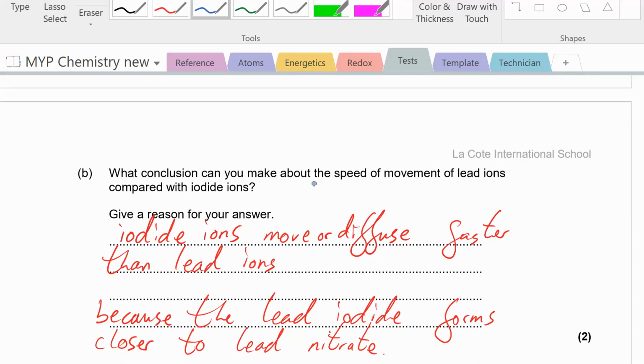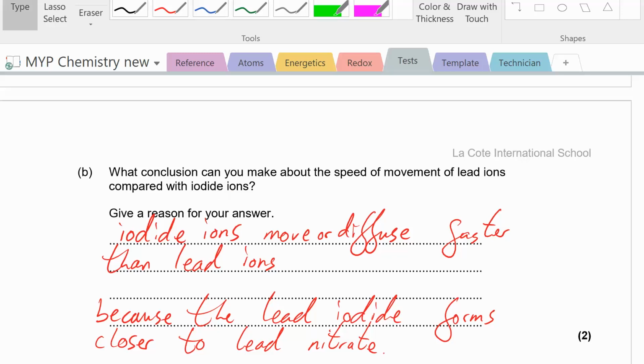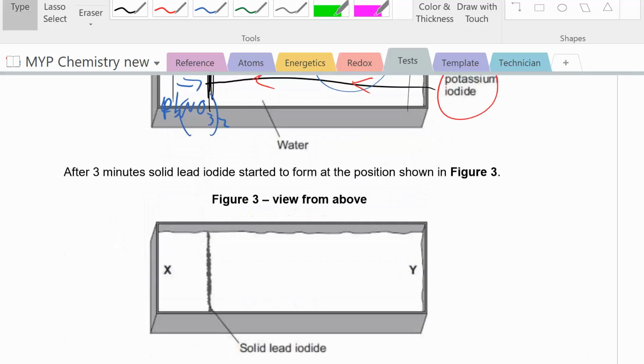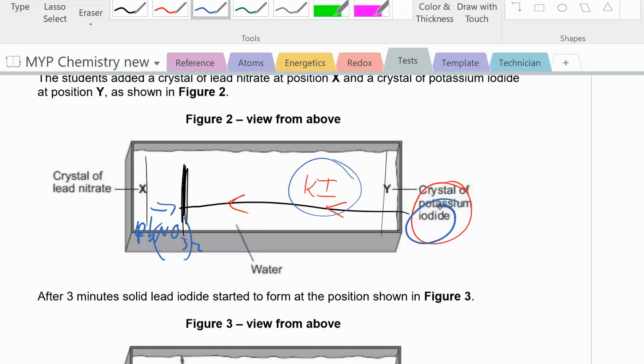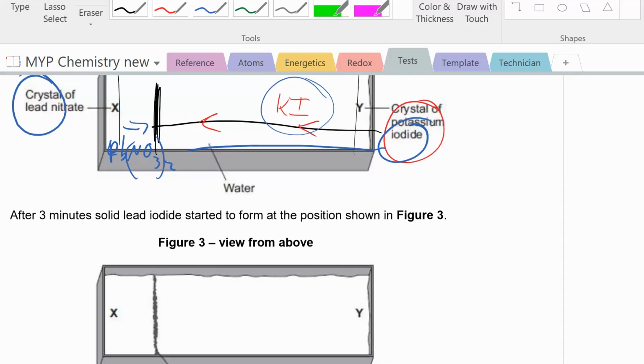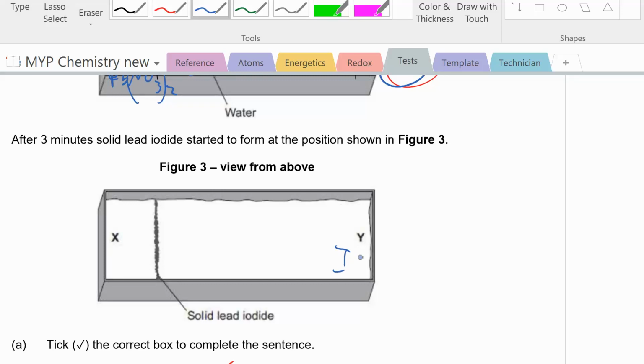What conclusion can you make about the speed or the movement of lead ions compared with iodide ions? So the iodide is this side, the lead is this side. Here's the iodide, here is the lead.